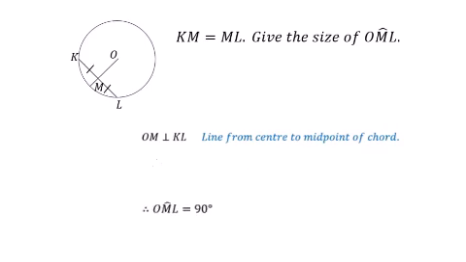And this means that OML is equal to 90 degrees because this is perpendicular. We said according to the theorem, OM is perpendicular to the KL and OM is bisecting KL. So this will make the angle 90 degrees over here. So OML is equal to your 90 degrees.